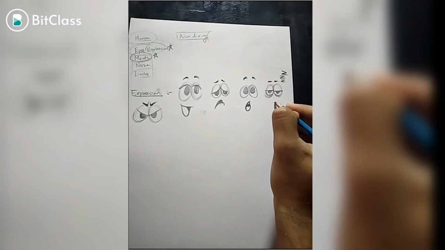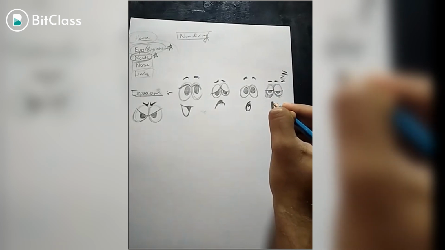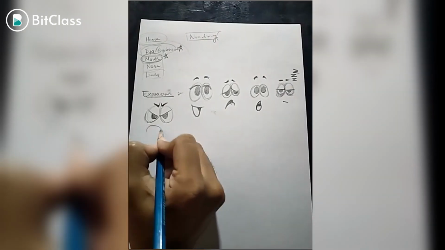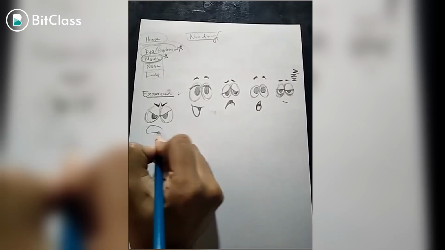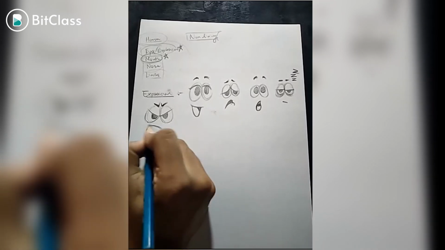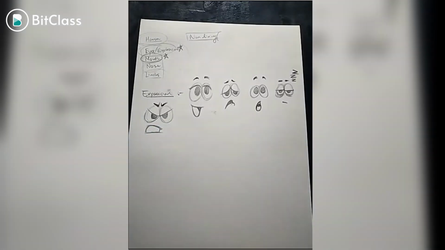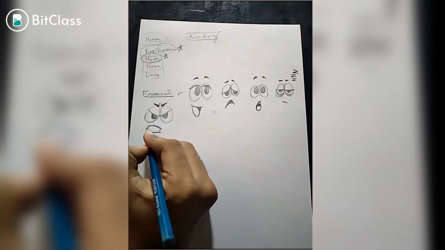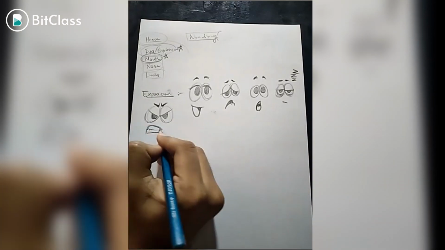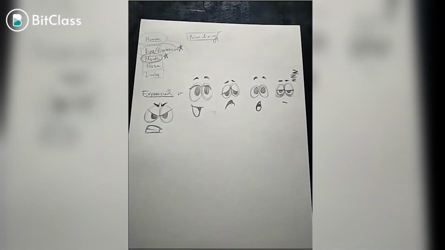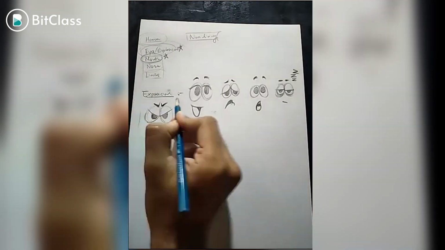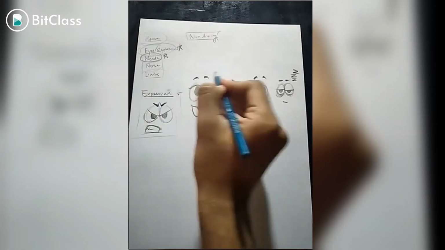When you're sleepy, you barely open your mouth. Now, when you're angry, you basically do like this, right? You might bite your own teeth like this. See, the forms of expressions are very simple. Okay.